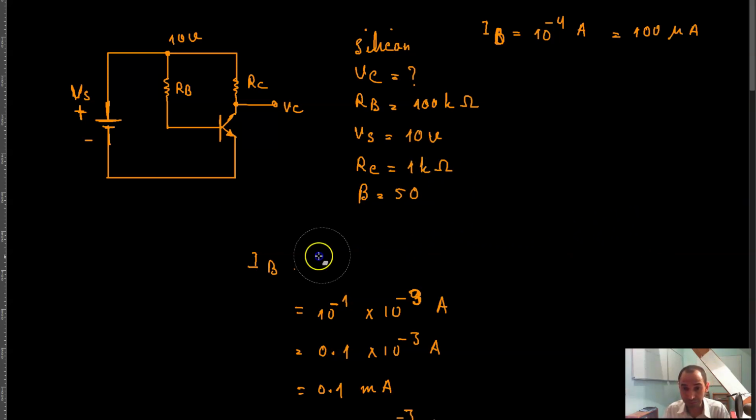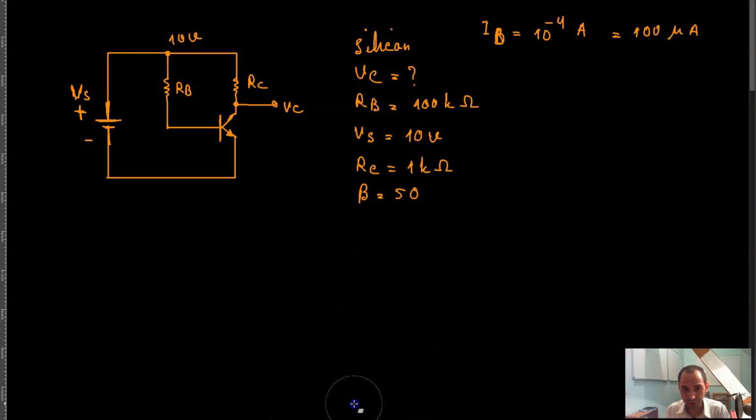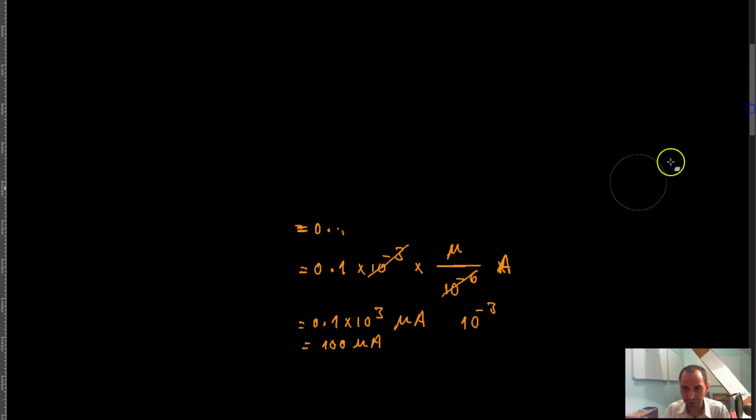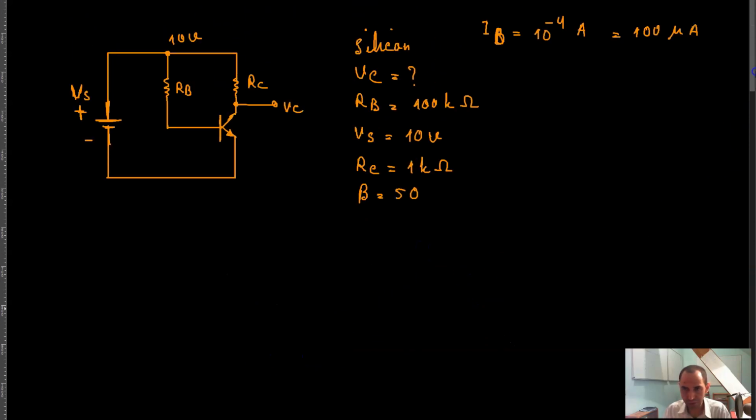So then the base current of this transistor is, and of course once you do this type of calculation long enough, you will come up with specific ways in your mind. Since, for example, this is milliamp, this is microamp, when you want to convert, you have to multiply by this factor or that factor.